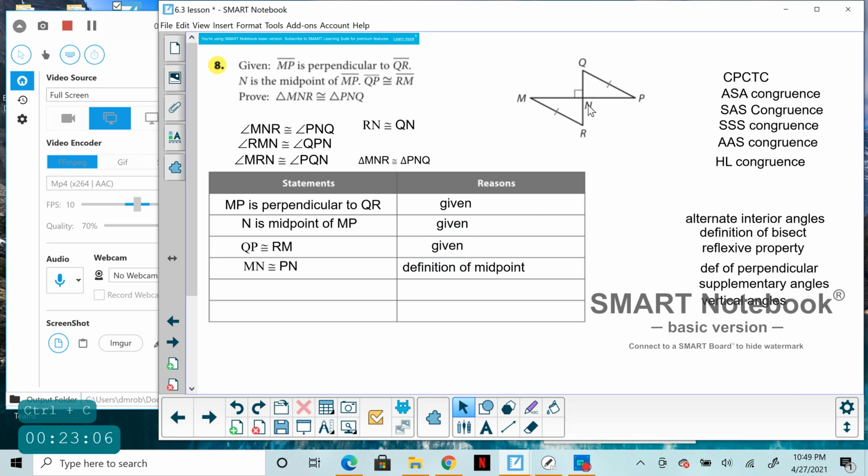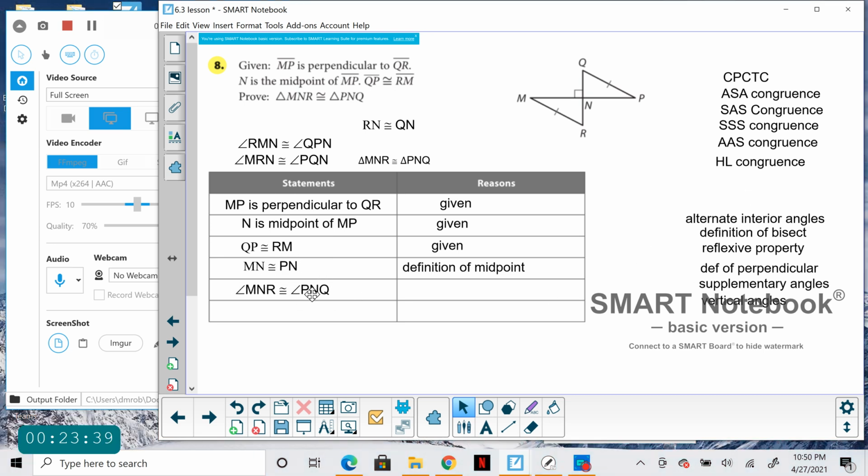Alright, so we have this hypotenuse and this leg, and we know they're right angles. Oh, we have to say that. It doesn't tell us they're right angles, it tells us that the line is perpendicular there, so we need to state that. Angle MNR are congruent because, oops, we're going to need another step.